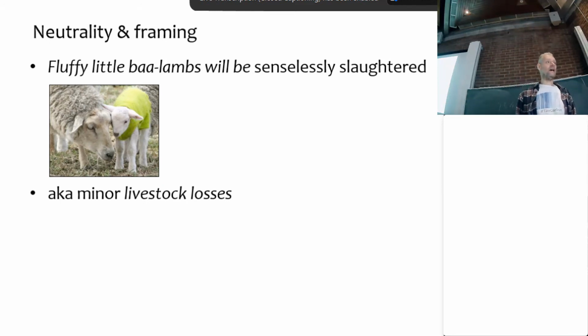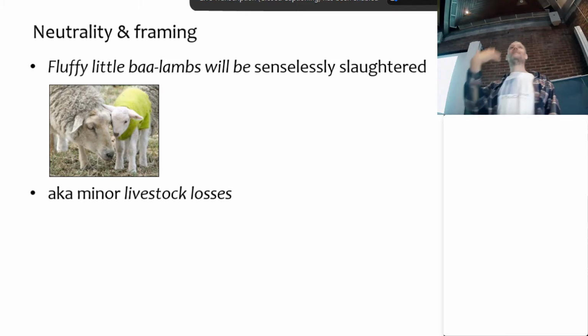You need to be neutral in the way you describe things. You need to frame these things in a way that you don't steer the answer, right? You can talk about fluffy little bar lamps being senselessly slaughtered, right? So you put in emotive language and you immediately say it will be senseless, right?